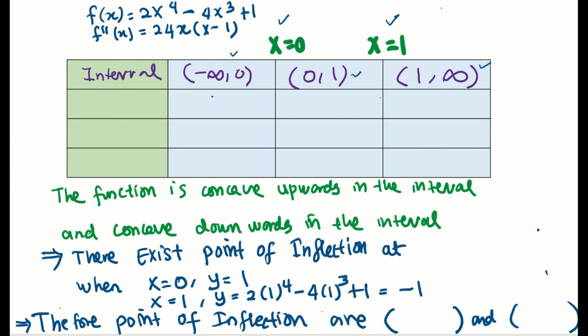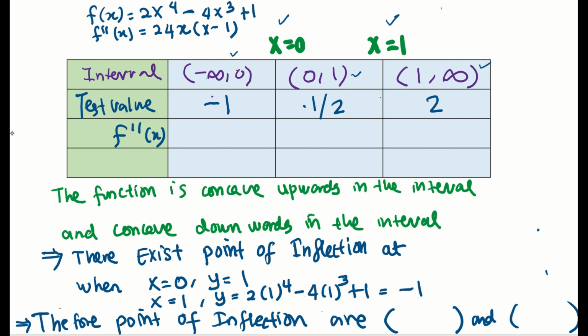For the second row, this is the test value of x. You can pick any value in each interval, let's say negative 1, then 1 over 2, and 2. These three values you substitute into f double prime.